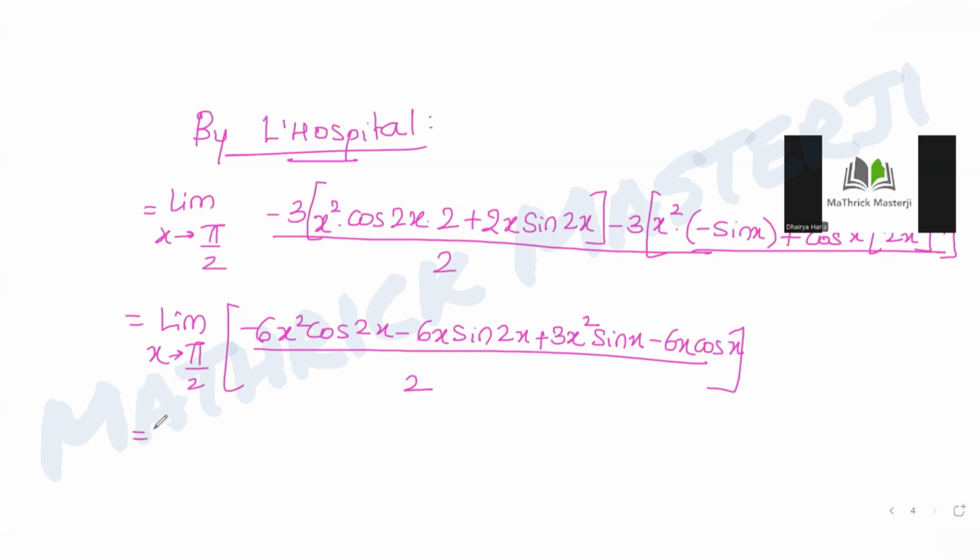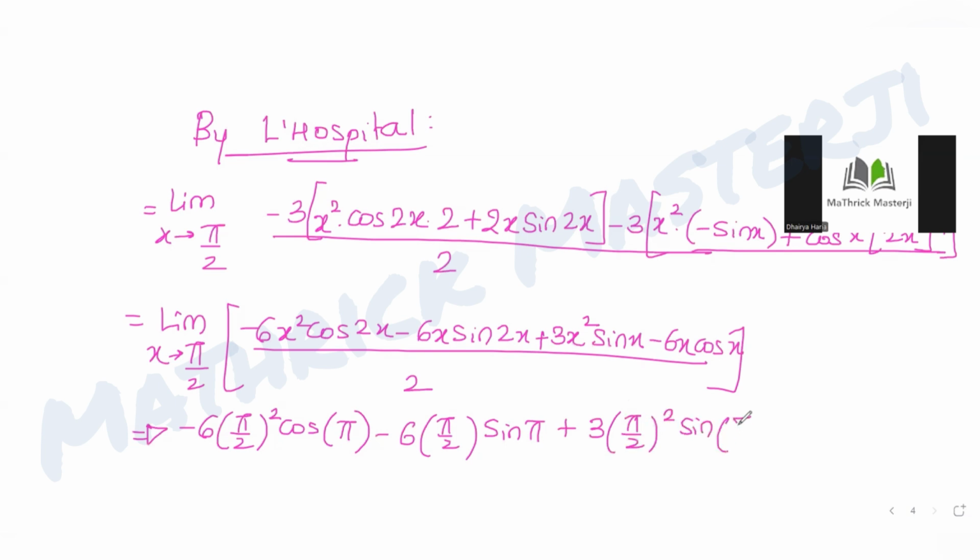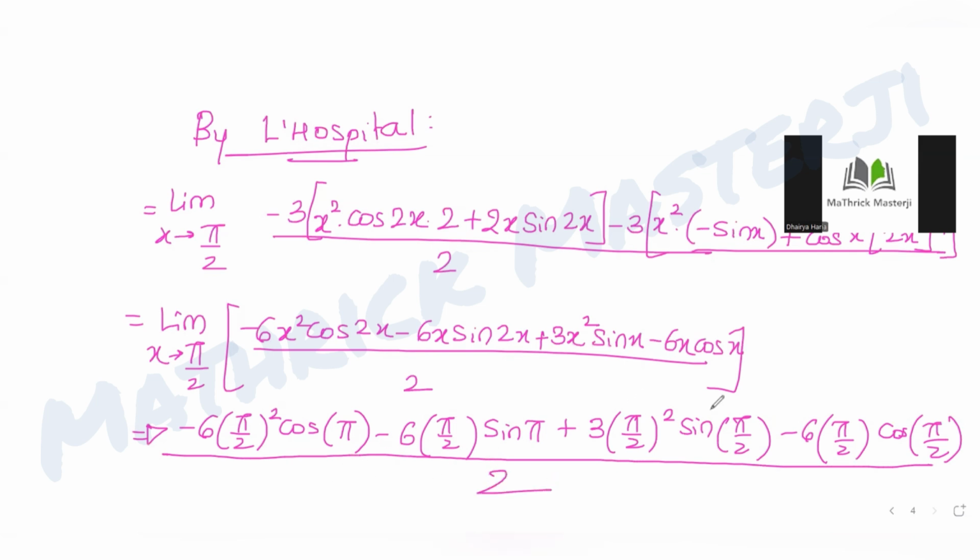So if I apply that, I get minus 6 pi over 2 square cos of 2 into pi over 2, which is cos pi, minus 6 pi over 2 sine pi, plus 3 pi over 2 square sine pi over 2 minus 6 pi over 2 cos pi over 2. The whole thing is divided by 2.